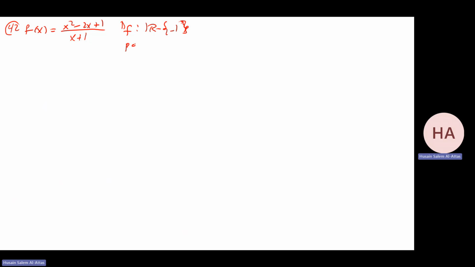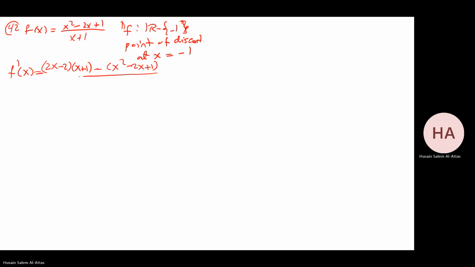Don't forget, I have a point of discontinuity at x equal minus 1. So I need to consider that when I do the number line. Okay. F prime will be what? 2x minus 2 times x plus 1, minus 1 times the numerator, over the denominator squared.